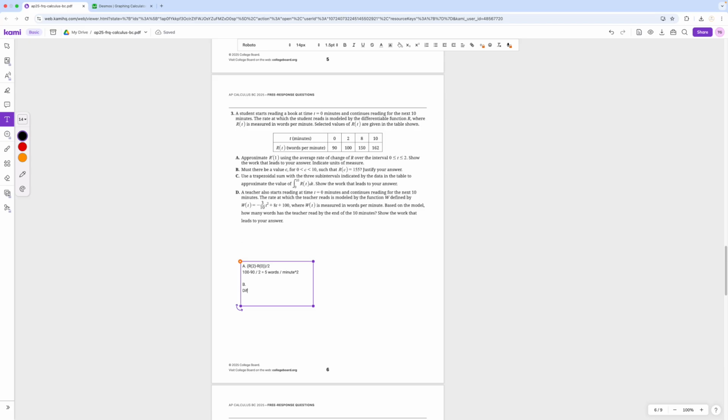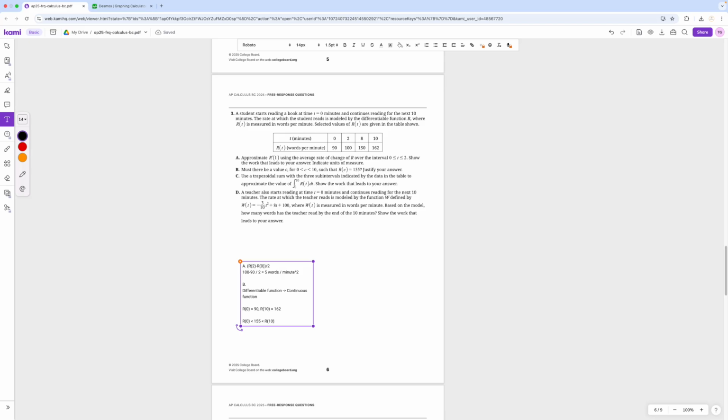Well, what does that mean? If we have a differentiable function, that must mean it's a continuous function. And we know that r of 0 is equal to 90, and we know that r of 10 is equal to 162. Now what does this mean? This means that r of 0 is less than 155, is less than r of 10.